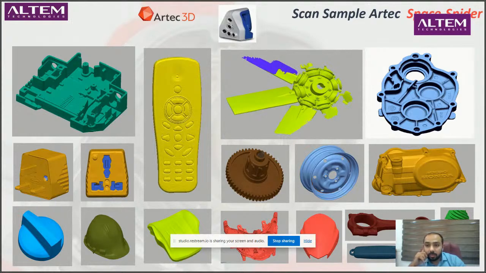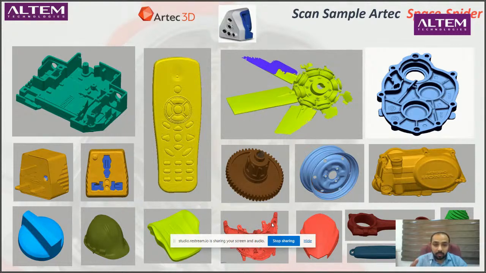Even the injection mold part, the injection marks are captured in such high detail. Even in the automobile sector, a roadside vendor who wants to replicate or change any part can also digitize those parts.